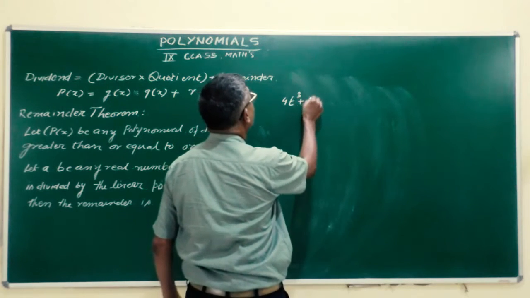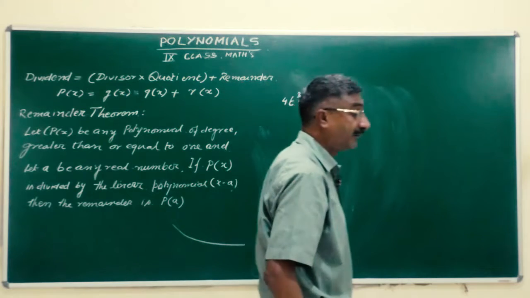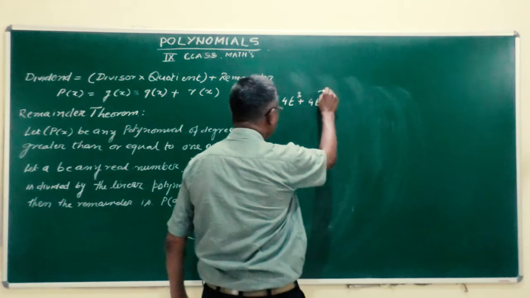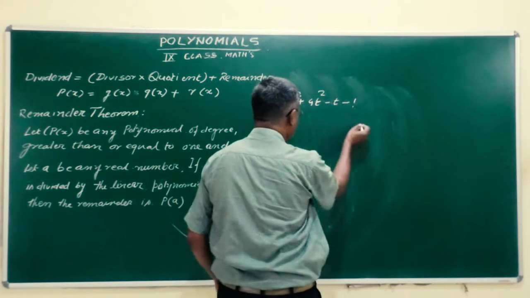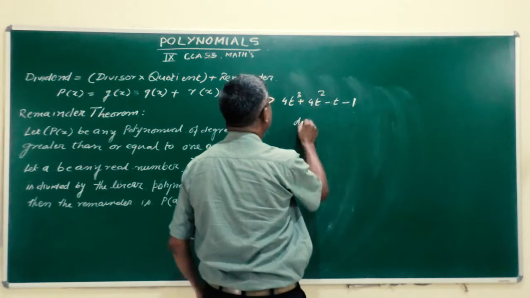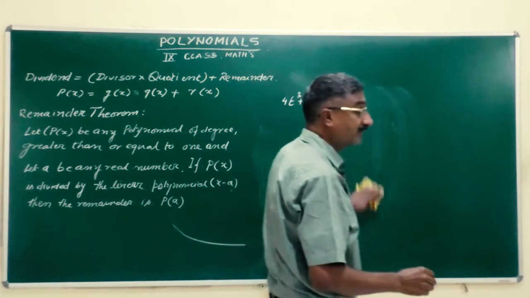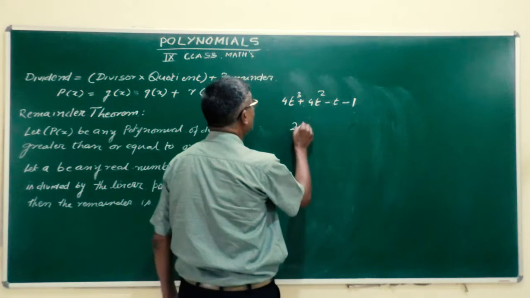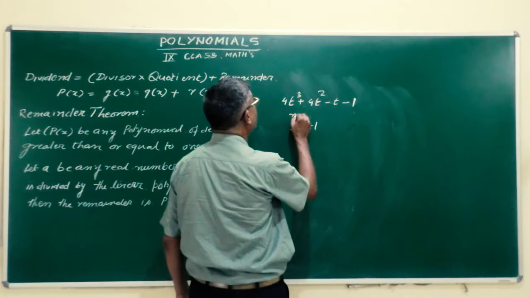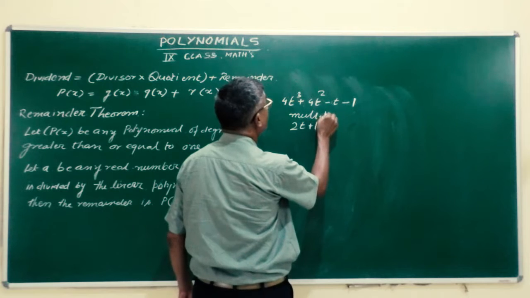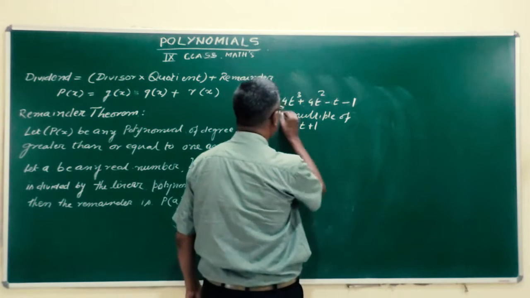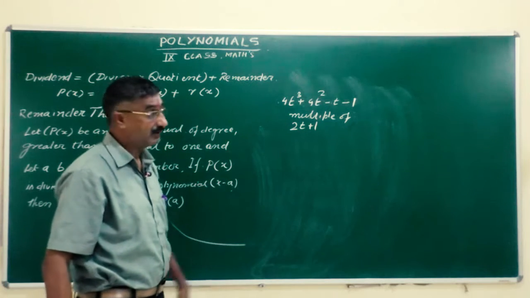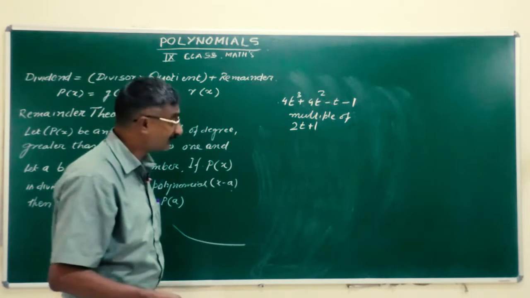We have to find out whether it is a multiple of 2t plus 1. If it is a multiple of 2t plus 1, then the remainder becomes 0, which means it is a factor.